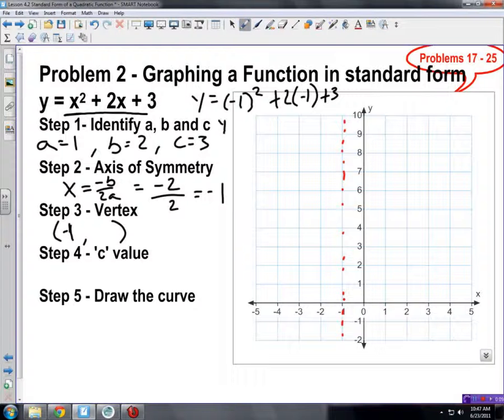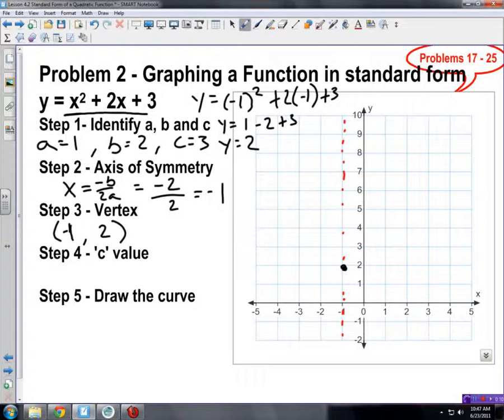This is y is equal to 1 minus 2 plus 3, which is y is equal to 2. So our vertex is at negative 1, 2, which is right there. That's our vertex, negative 1, 2.